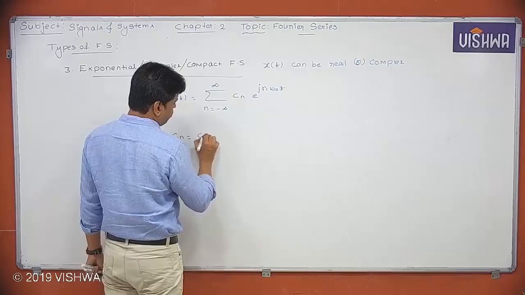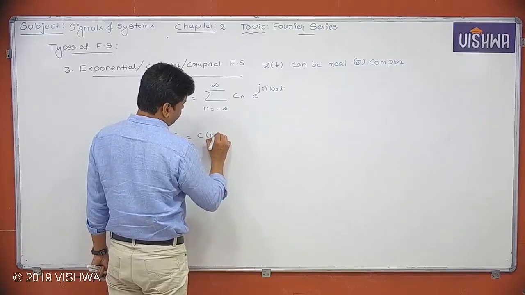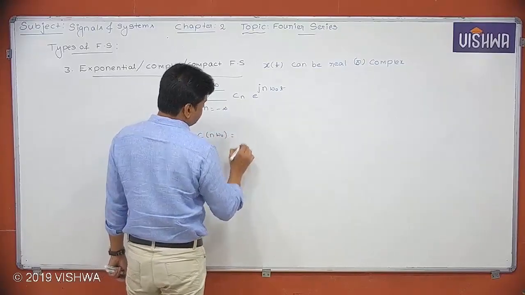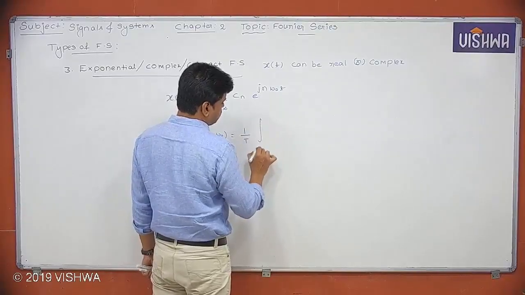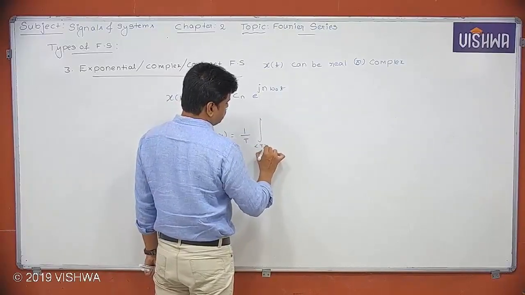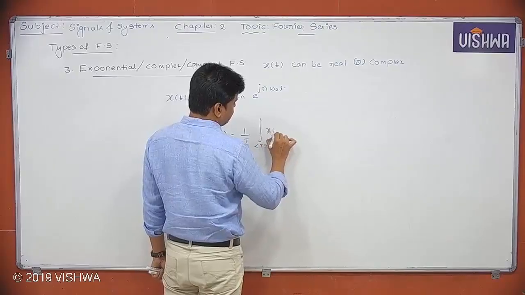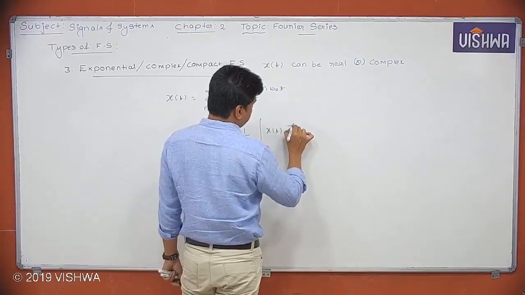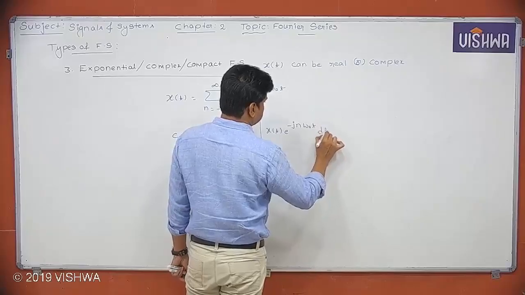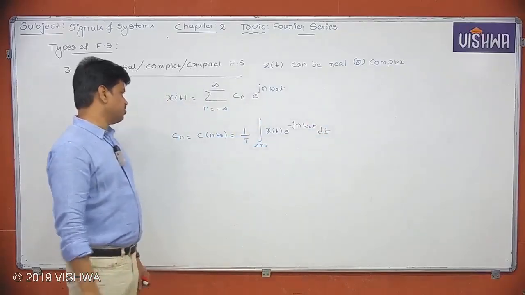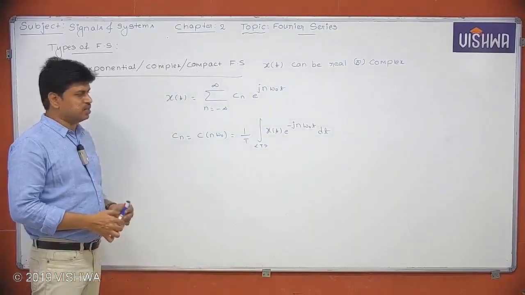It is the compact form of C of n omega naught, equal to 1 by T integral over a period x of t e power minus j n omega naught t dt. So this is the expression for Cn. Okay, take it.